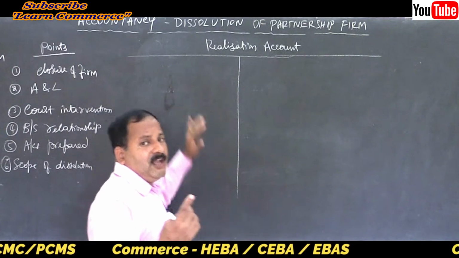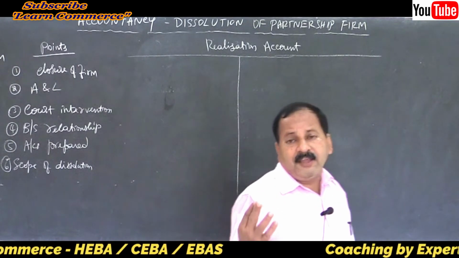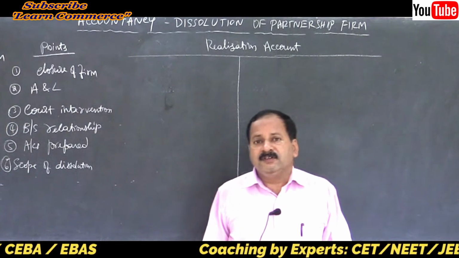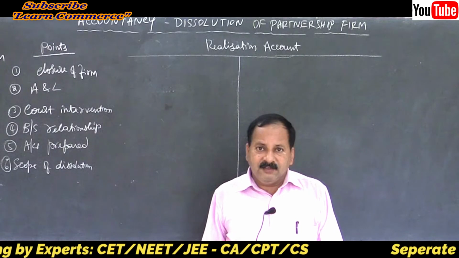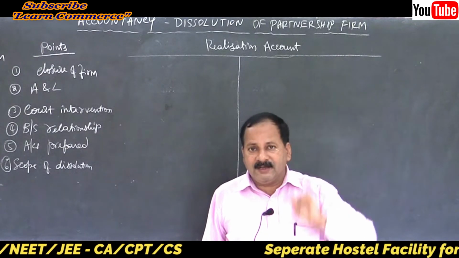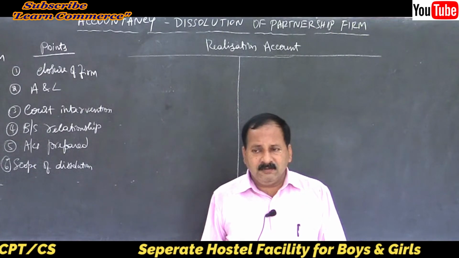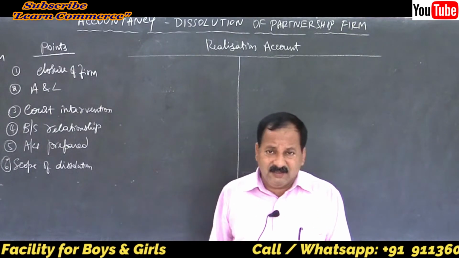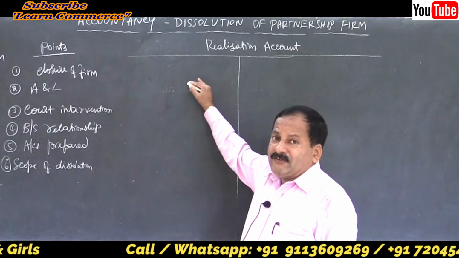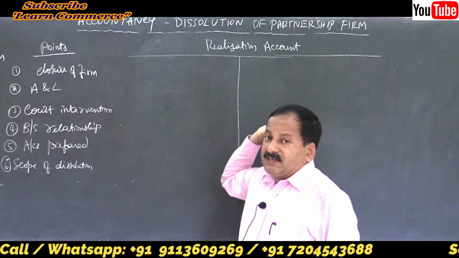So cash in hand and cash at bank cannot be sold in the market. They themselves are the most liquid assets. Am I correct? Can you sell cash in hand in the market? No. Simply exchange of cash, that's all. It's not a transaction at all, isn't it? So cash in hand and cash at bank should not be transferred to realization account.